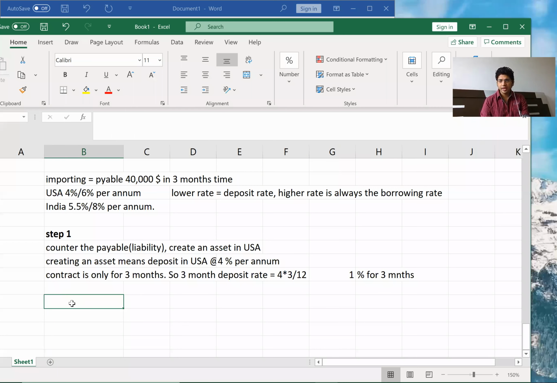I'm going to deposit the amount today, because the conversion rate is only applicable for today. Only today's conversion rate is given.